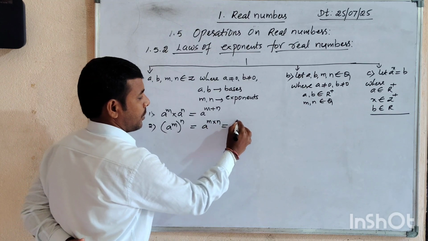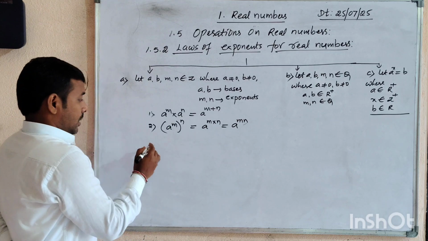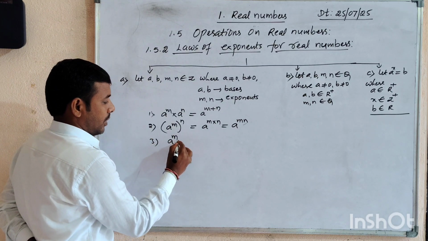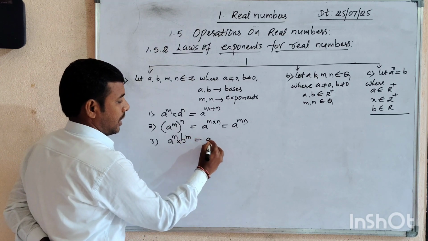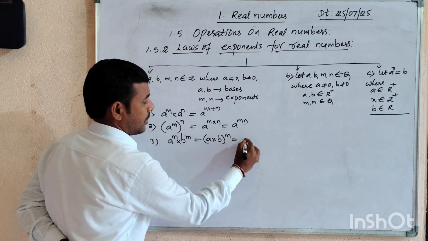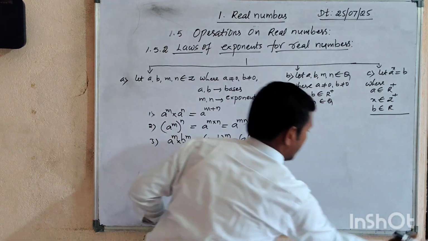That means a to the power of mn. Third one, a to the power of m into b to the power of m. This can be written as a into b to the power of m, which is equal to (ab) to the power of m. This is what?